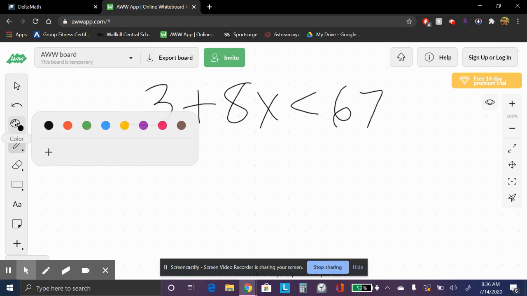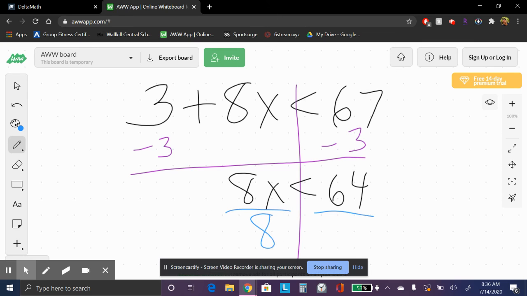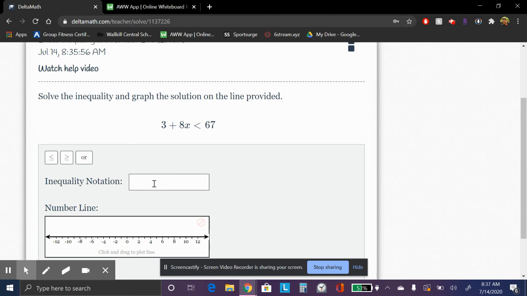Again, line down the inequality, subtract 3 from both sides, and we get 8x is less than 64. I keep getting these 8s, but you get the point of these: how to solve equations or inequalities. Divide both sides by 8, and you get x is less than 8. So in our inequality notation, we get x less than 8.